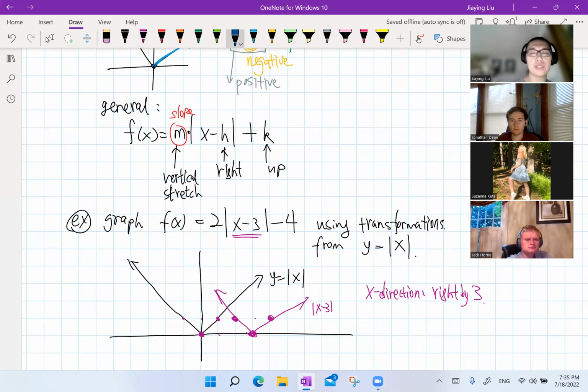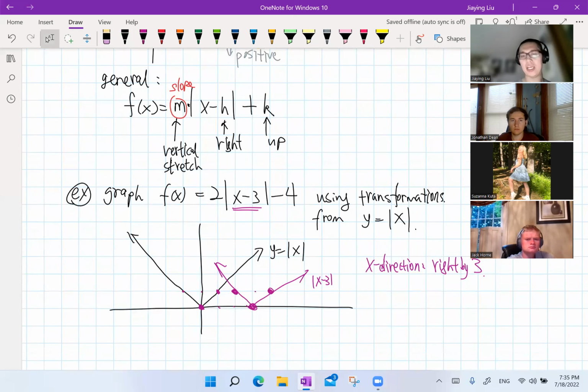And then we look at what happened to this absolute value of x minus 3. We're going to multiply by 2. That tells us in the y direction, when we multiply by 2, it's going to be a vertical stretch by 2. So all the y values, we're going to multiply by 2.